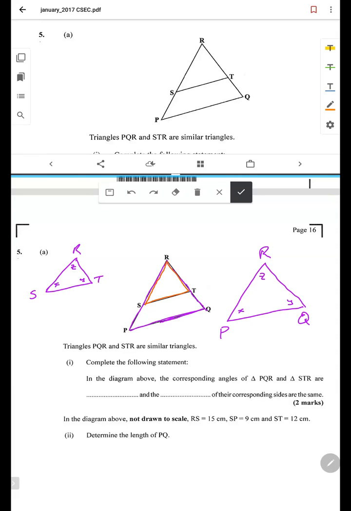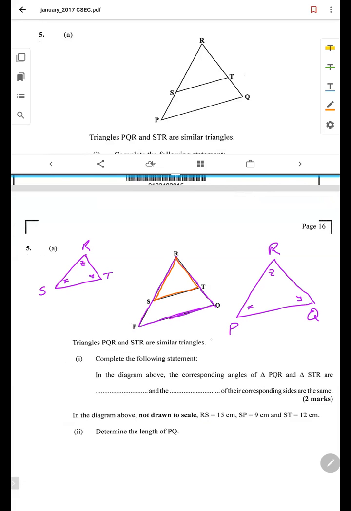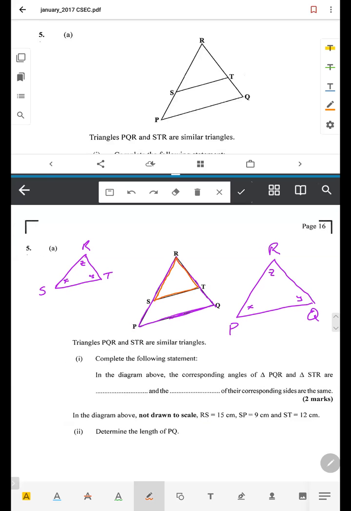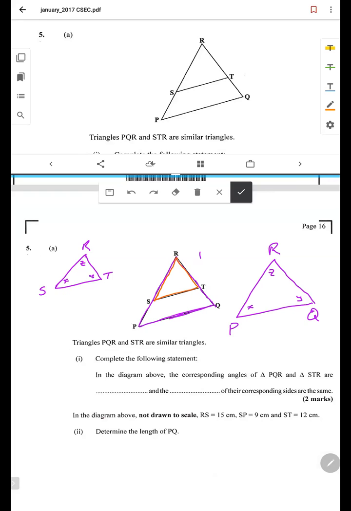Right, so the big purple triangle and the orange triangle are similar triangles. The ratio of the corresponding sides are equal. All right, so that's just some information for us to remember.